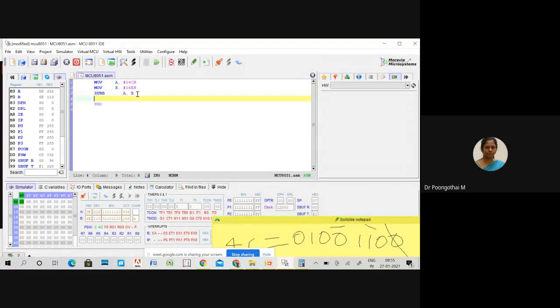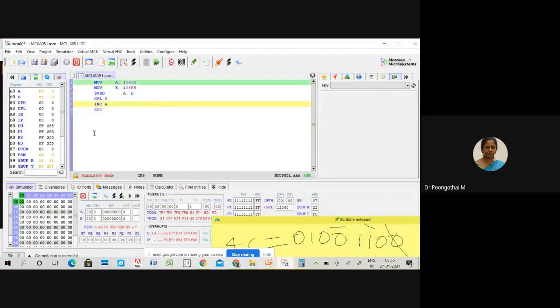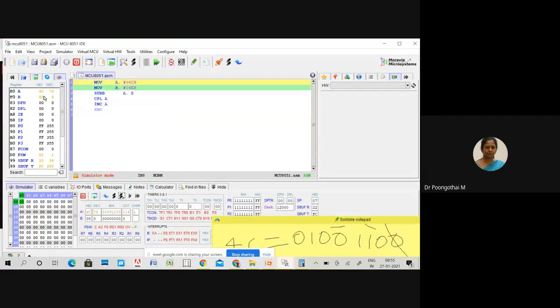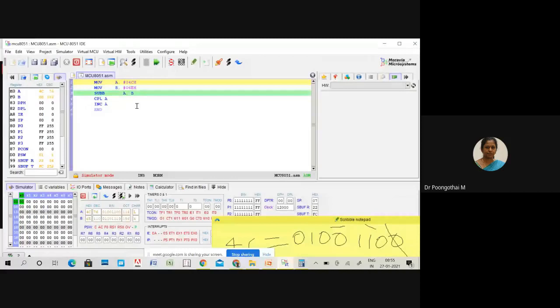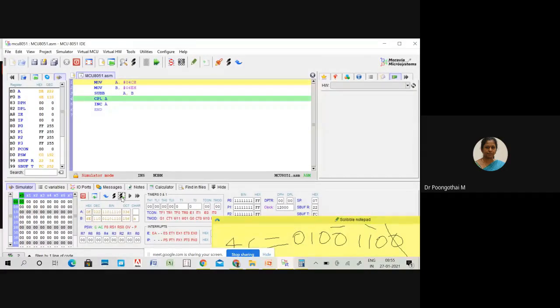So now I'm going to include complement A, CPL A, and increment A. So 4C is loaded into accumulator, 6E is loaded into the B register. I'm subtracting the B register from the accumulator content. The answer is DE.